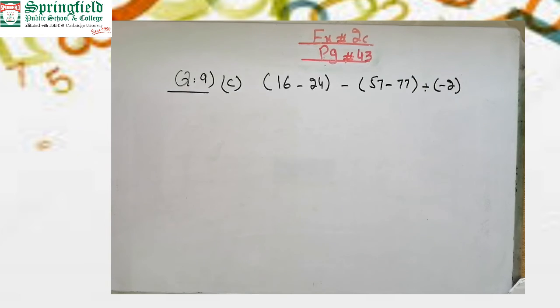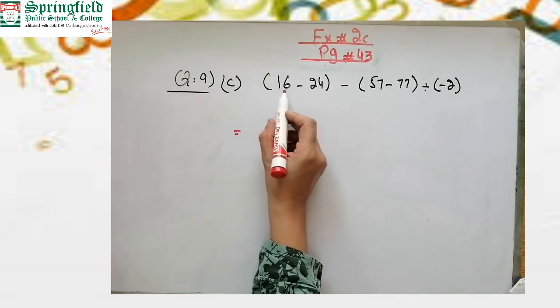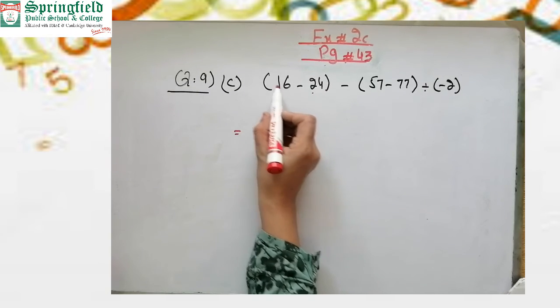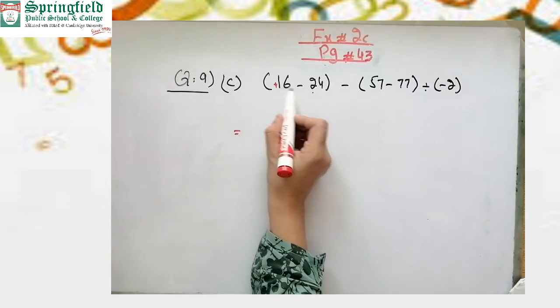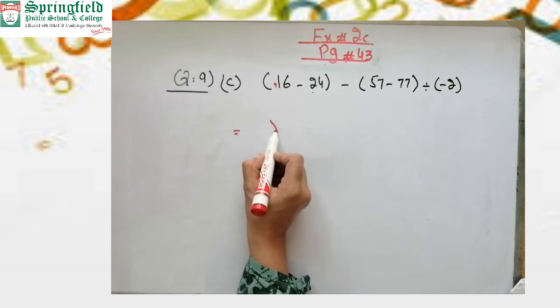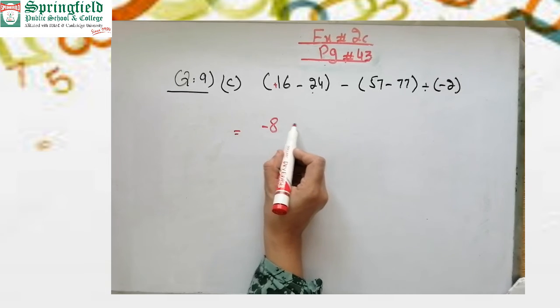So beta, as we know that first we will solve the brackets. So 16 minus 24. 16 has a plus sign, so plus minus minus. 24 minus 16 is 8, and the sign will be minus.